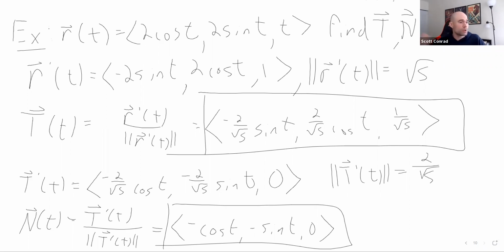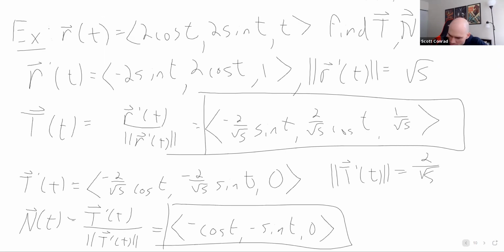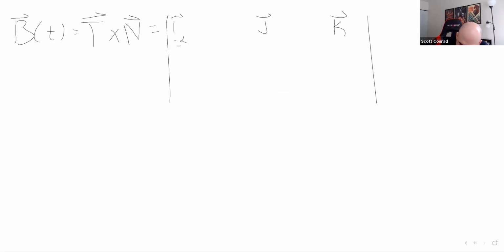Now we need to find b, which is going to be their cross product. So we get the cross product of negative 2 over root 5 sine t, 2 over root 5 cos t, and then 1 over root 5.